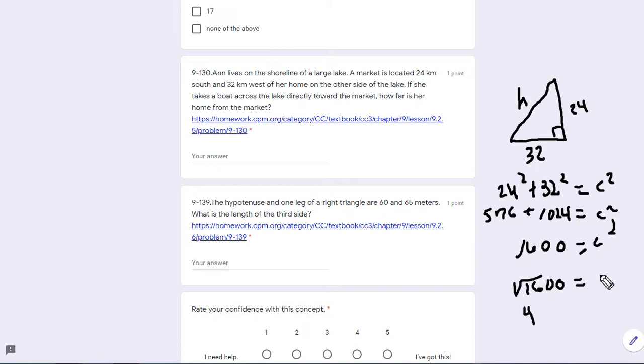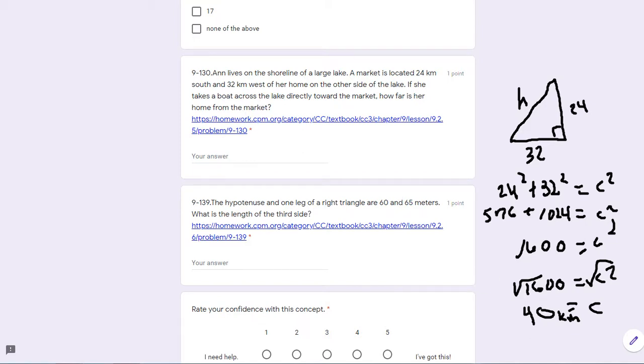So I know I would have to add one of those zeros on. So I know that 40 times 40 is going to be 1600. Okay, so the square root of c squared is just c. So we know that it would be 40 kilometers across the lake.